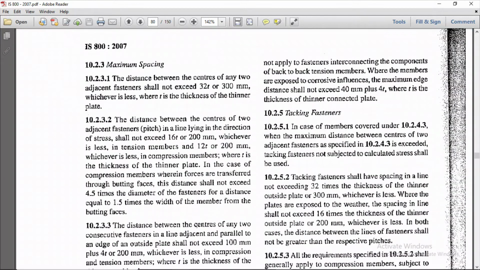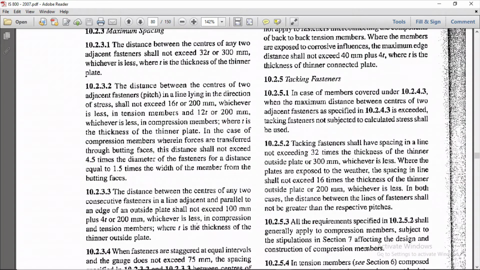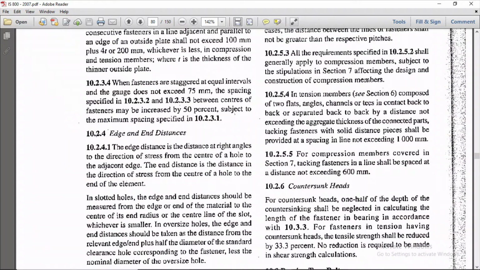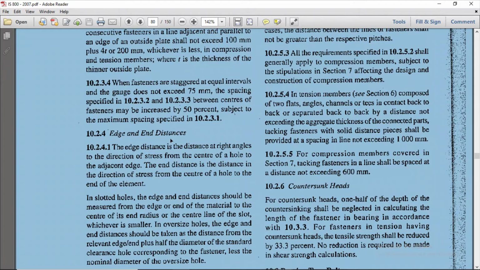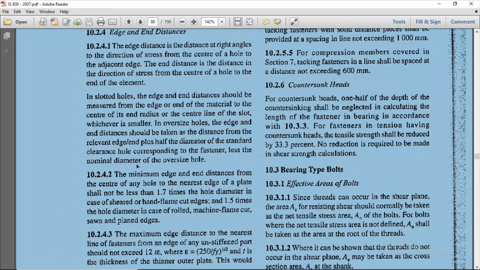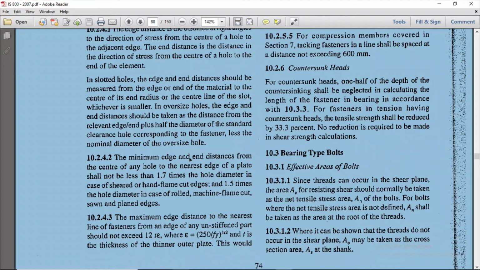Then there is one more thing, that is maximum spacing we can check, and edge distance and end distance. So clause number 10.2.4, edge distance and end distance, right? So it is taken from clause number 10.2.4.2. The minimum edge and end distance from the center of any hole to the nearest edge of plate shall not be less than 1.7 times the hole diameter.